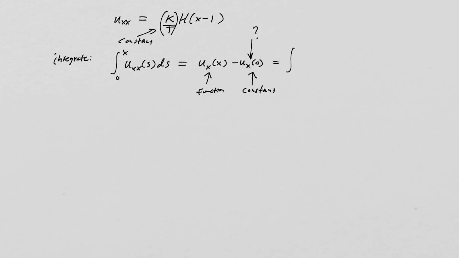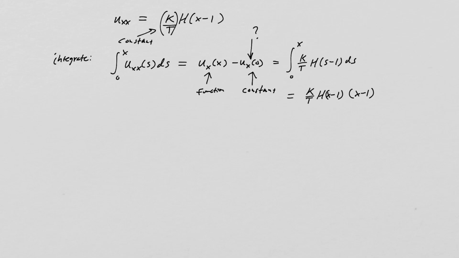But then we can integrate 0 to x of K over T h of s minus 1 ds, and we can get the result that we just computed a second ago. That's that linear growth that happens after the Heaviside turns on at x equals 1.